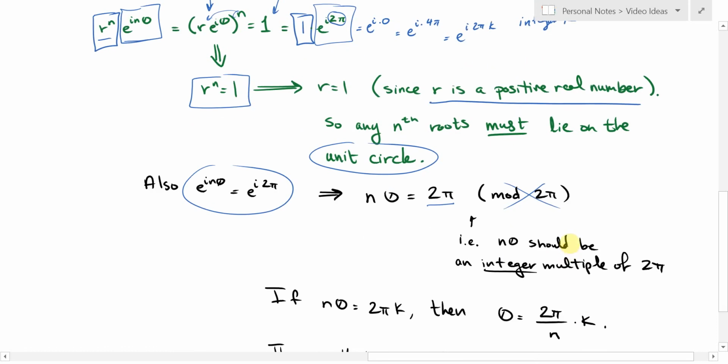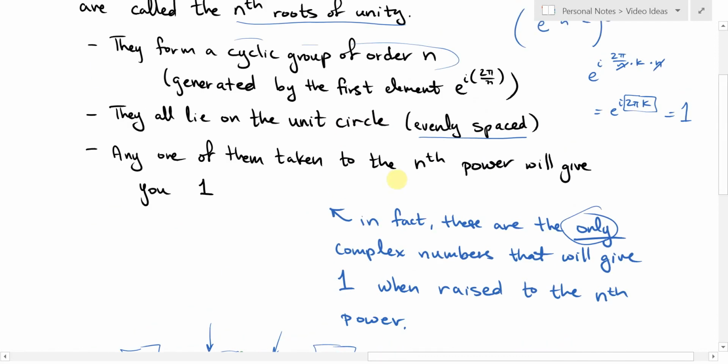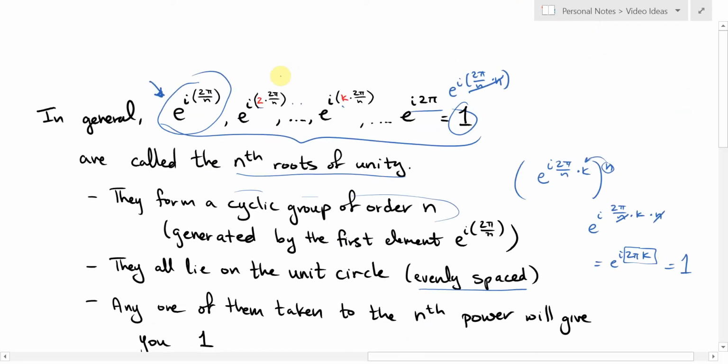Alright, so suppose that it is. Suppose that n theta is equal to 2 pi times some integer k, which is what we would need to have happen for this to be an nth root of unity. Okay, then just moving things around, divide both sides by n, that means theta is equal to 2 pi over n times k. And isn't that exactly the angles that we were dealing with here? 2 pi over n times some number k, some integer.